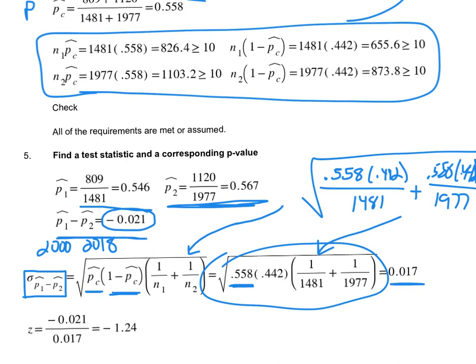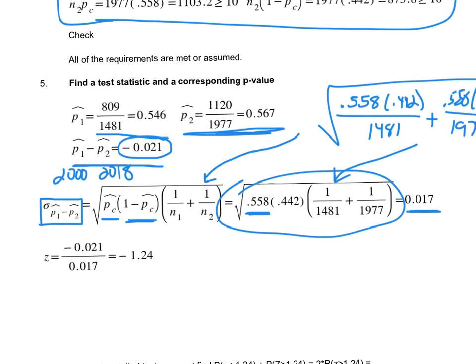So either way, we get for a standard error 0.017, how far we would expect to deviate on average from the 0.558. So that's essentially your numerator and your denominator. We've got the difference in our sample statistics.